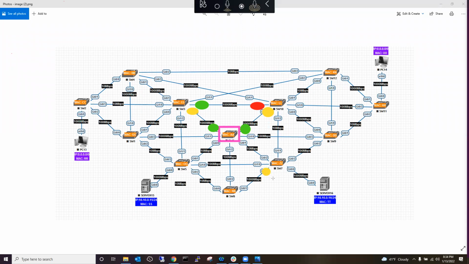Let me take a look at it because this is where I started getting confused myself. Gotcha. So if I go look at every interface, I'm just gonna do the quick calculations.